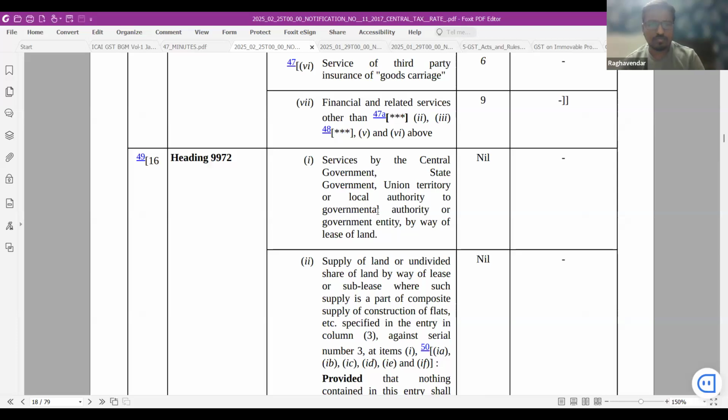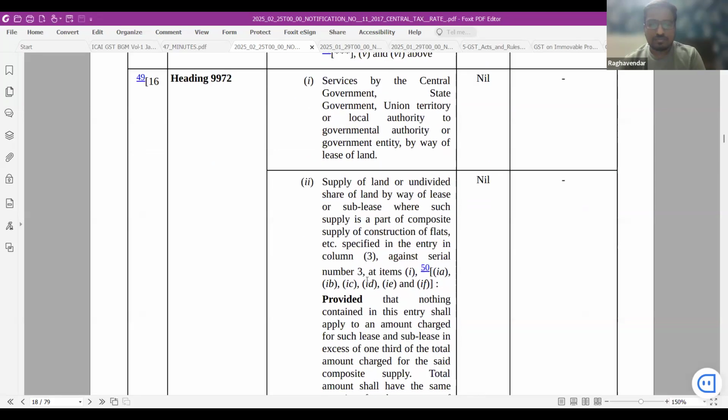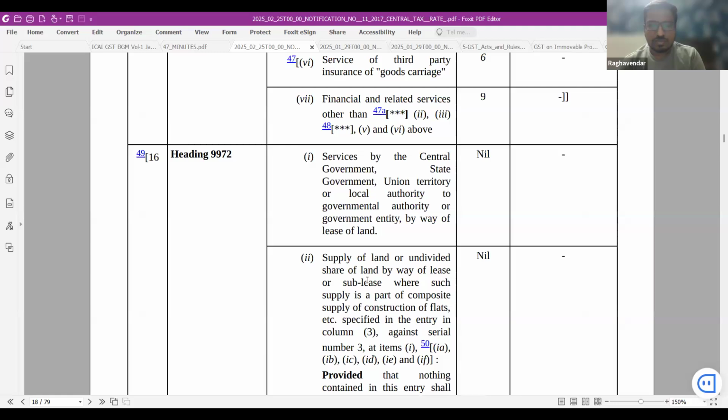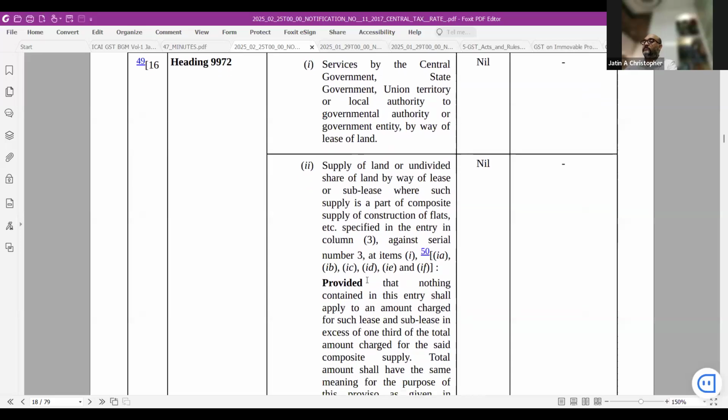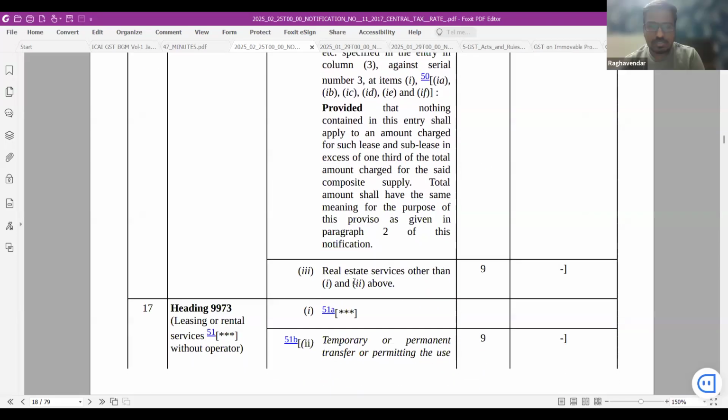Yes, 16 residuary, clause 3. 16 residuary is real estate services other than 1 and 2 above. It says real estate services will fit under real estate service.